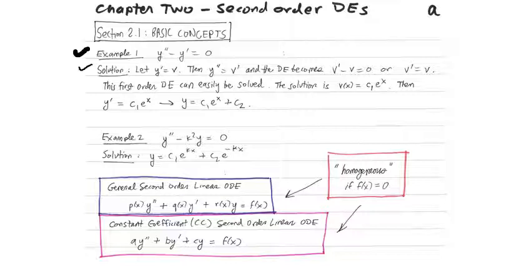With that notation, then y double prime is going to be v prime, and your differential equation, which was originally a second order differential equation for y, becomes a first order differential equation for v. So this is one example of a technique called reduction of order, because we've reduced the order of our second order differential equation.